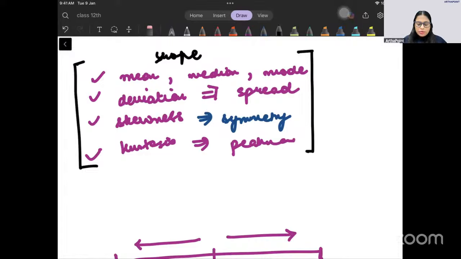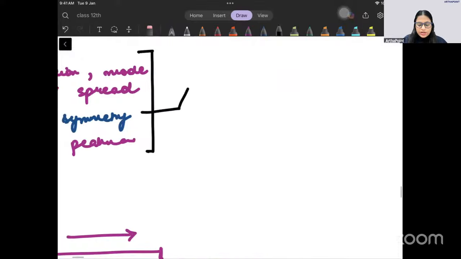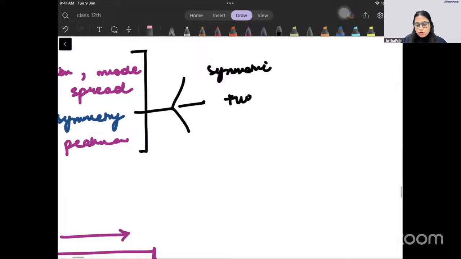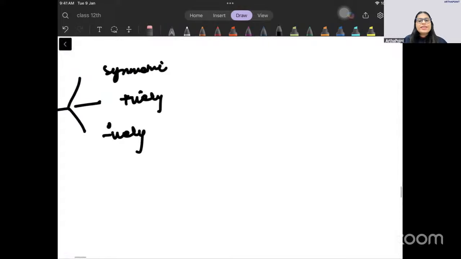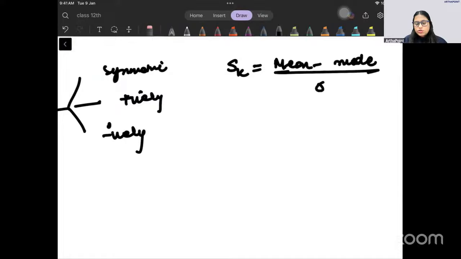Now, when we talk about skewness, I have already told you that skewness can be symmetric, it can be positively skewed, or it can be negatively skewed. Okay, positively skewed means right tail is longer, negatively skewed माने left tail is longer. ठीक है, अब skewness का भी there are various formulas. तो जो सबसे पहला formula है, that's a Karl-Pearson formula, which says mean minus mode upon standard deviation.